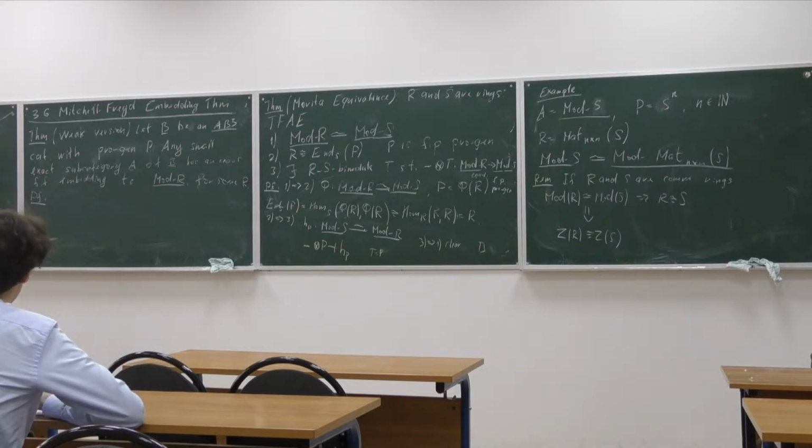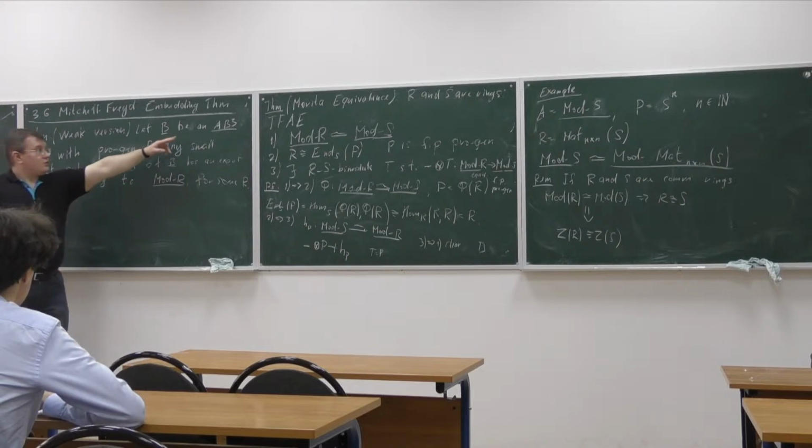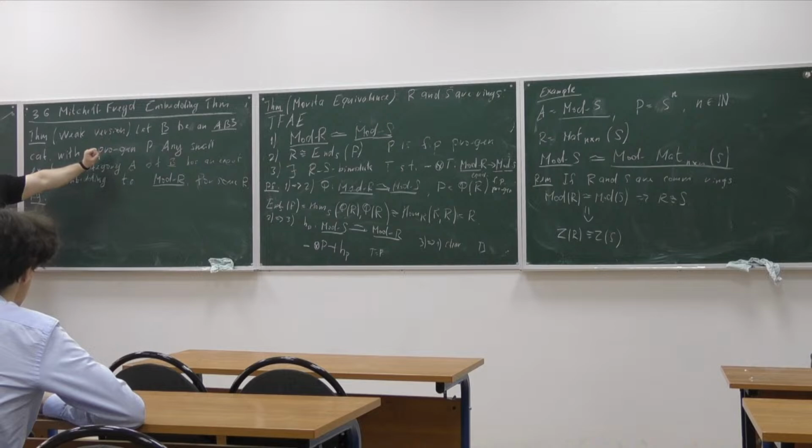No, that's not true. To conclude that for any small subcategory A you can construct such an embedding, you don't really need the assumption AB3 and progenerator. You can remove this from the theorem, and that would be the general version of the Mitchell-Freyd embedding theorem.